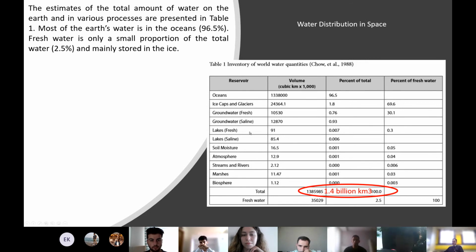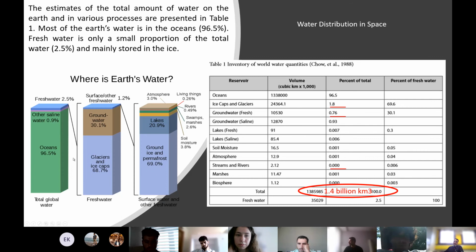And fresh lake water is a very small percentage of the total water, less than half a percent, and there are many other reservoirs. So these are the main water reservoirs.